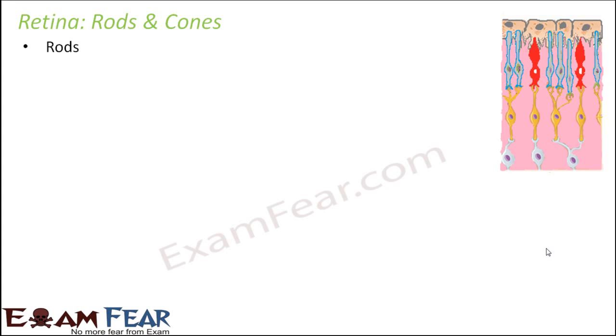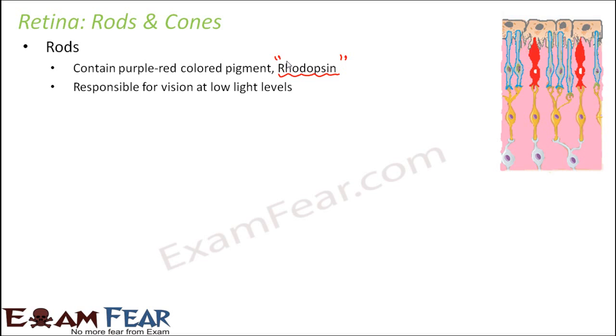First, let's talk about rods. Rods are those cells on the retina which contain a purple to red colored pigment called rhodopsin. This is the photopigment which can actually receive light. These rods are responsible for vision at low light levels. When the intensity of light is low, those wavelengths of light can be received by the pigment rhodopsin.